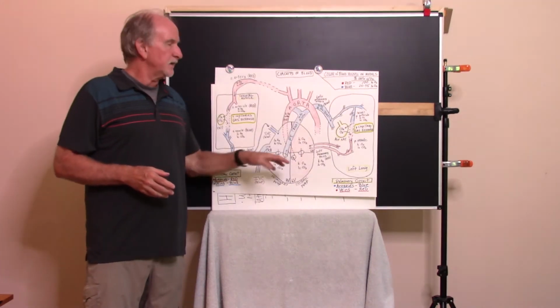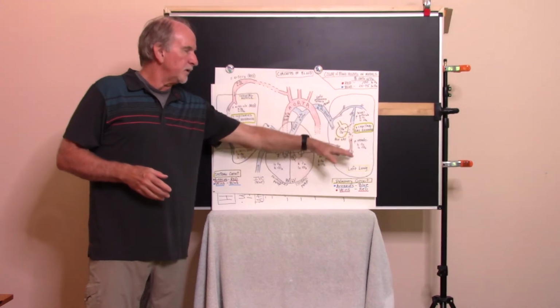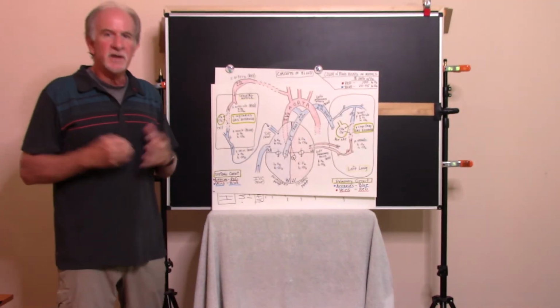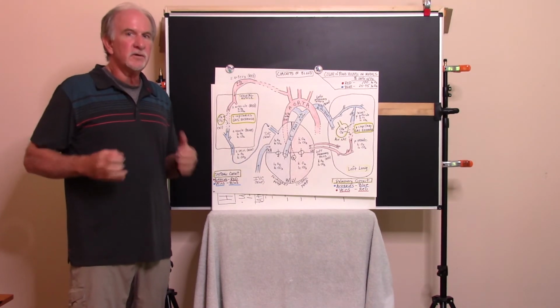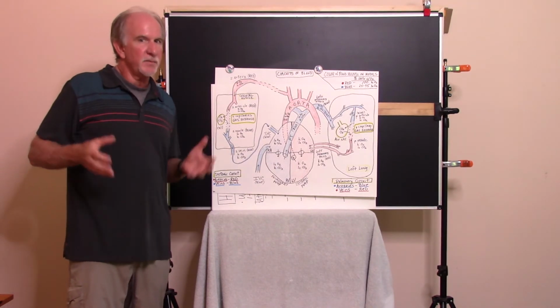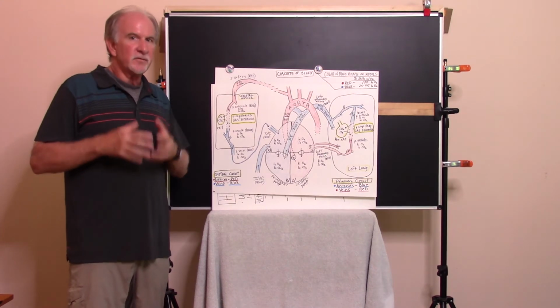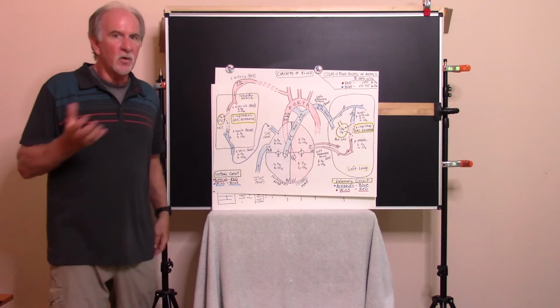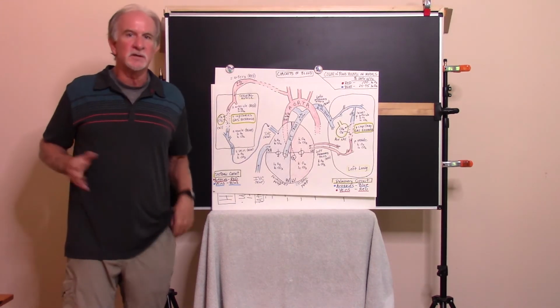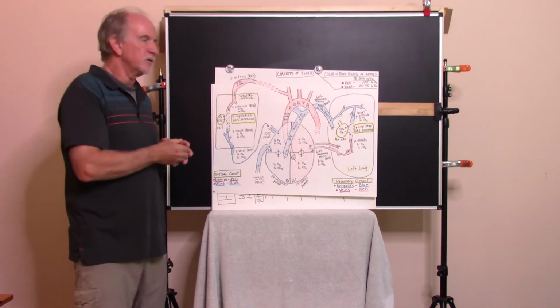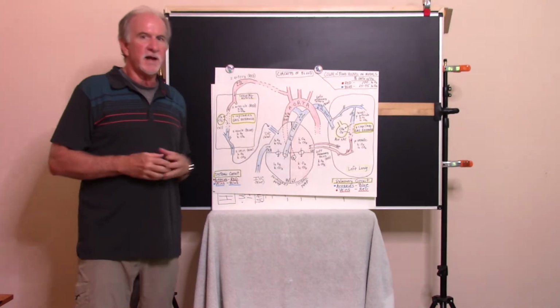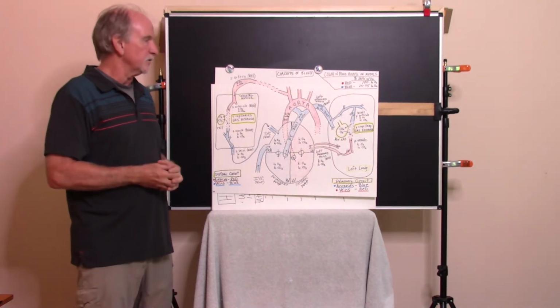It's this blood then that goes through the pulmonary capillaries where gas exchange occurs. Gas exchange only occurs across the walls of capillaries, and the level of gases within the blood only changes as blood goes through either the systemic capillaries where gas exchange occurs or the pulmonary capillaries where gas exchange occurs.